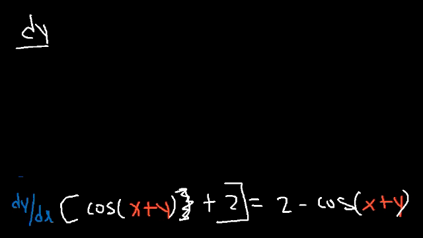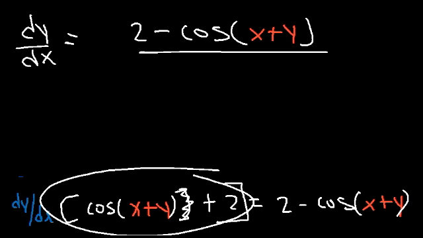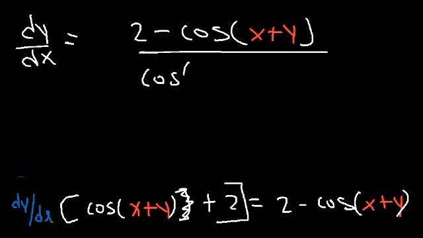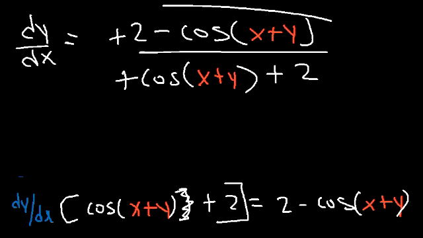So our final answer, dy dx, is 2 minus cosine x plus y divided by what we see here, so divided by cosine x plus y plus 2. Now we can't cancel these terms because here we have positive 2 and negative cosine, and here's positive cosine, positive 2. If this was a negative 2, then the whole answer would be negative 1, but it's not. So this is the answer for this problem.